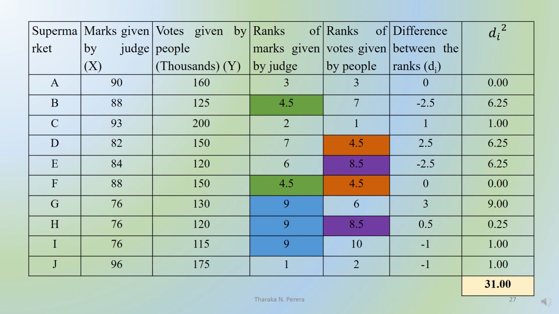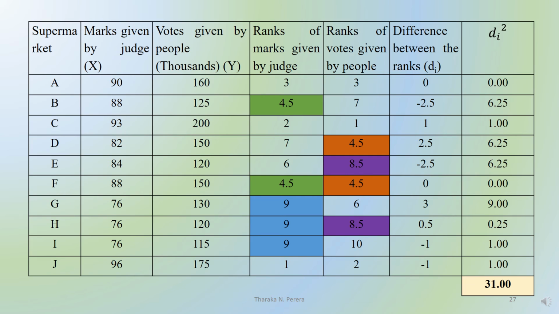For the correction factor, we want to find observations with equal ranks separately. As I highlighted here, among the ranks for X, there are 2 times 4.5, so the first m value is 2. Then 3 times 9, so the second m value is 3.